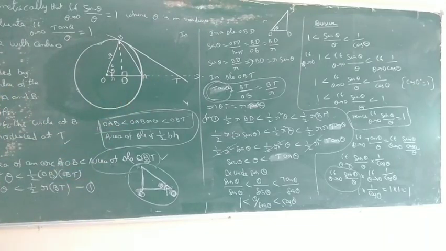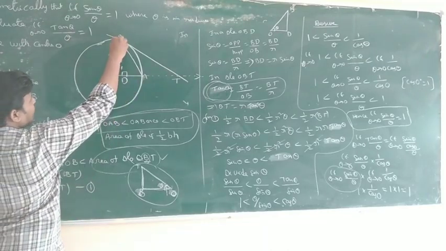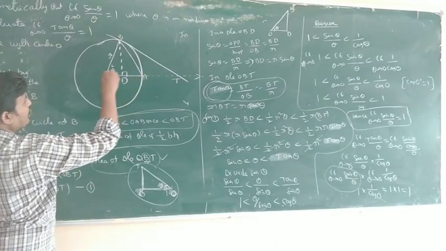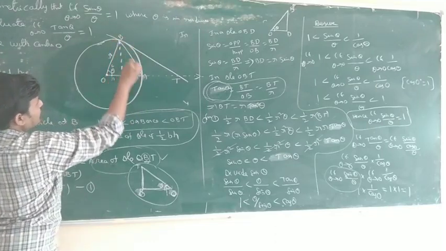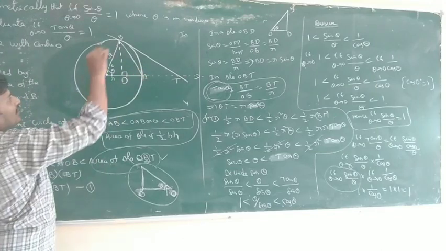Drawing a simple diagram. The main point is OBT, and this is the AOB triangle. Next is the AOB arc.